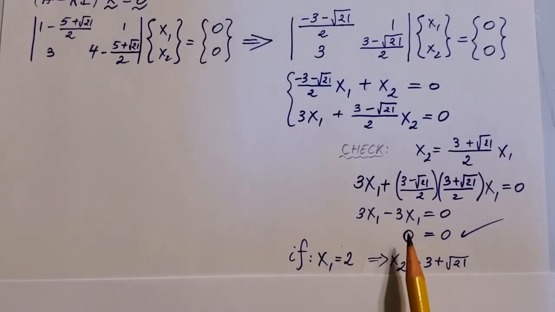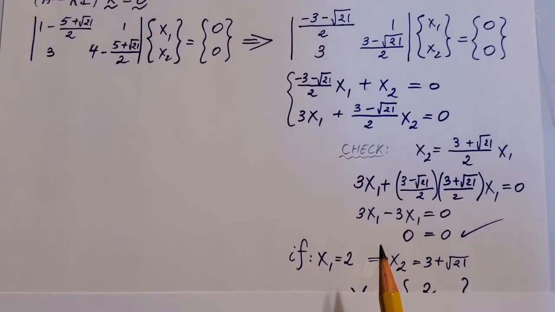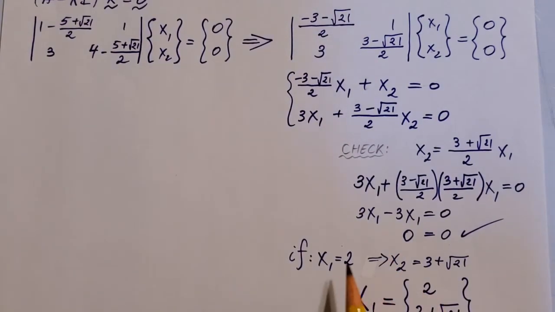We have infinitely many solutions. Therefore, you can pick 1, 2, 10, 11, 67 million, whatever you like. Just pick something that's not too crazy. And then write up our vector. X1 vector will be 2 from here and 3 plus square root 21 from right here.